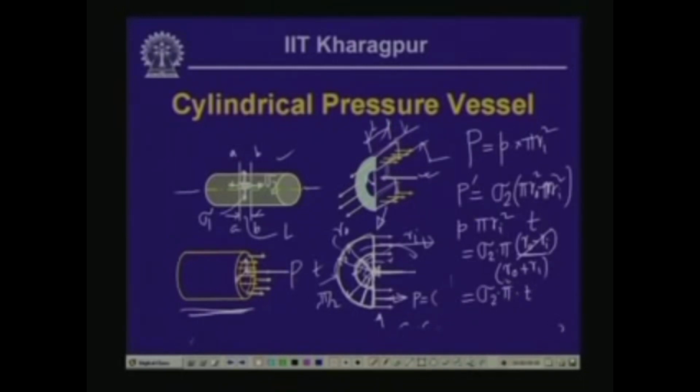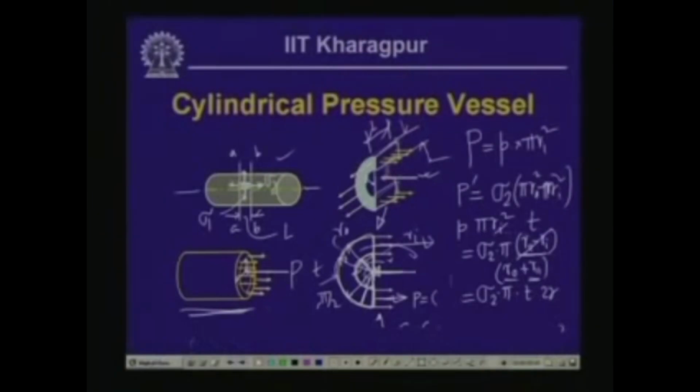Now, here you see we have two quantities, r outer and r inner. Since the thickness is very small, and as I am telling you constantly, there is little variation between r internal and r outer. Hence, we consider r outer equals r inner equals r.